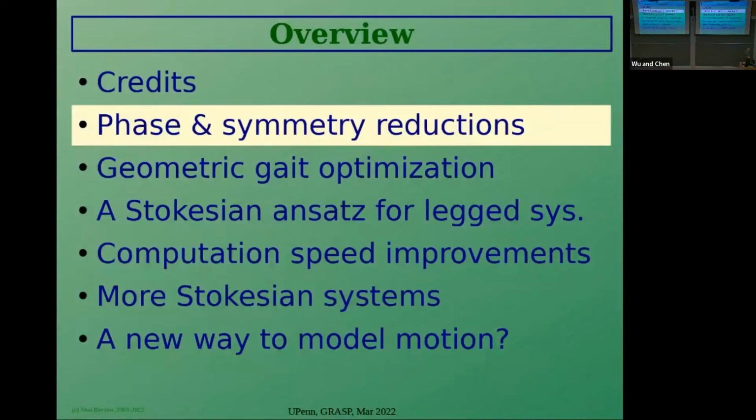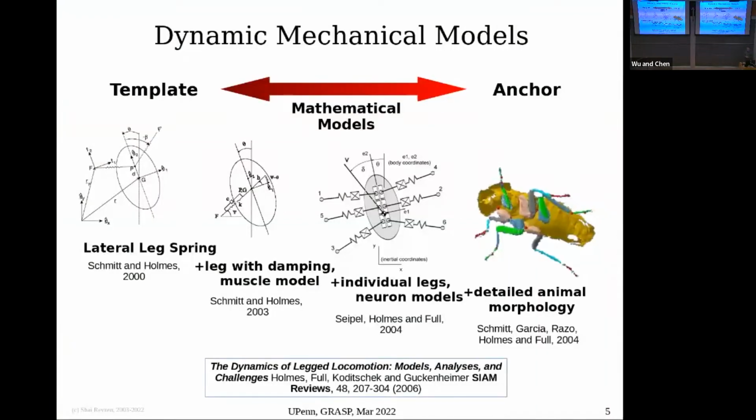Let me first talk about how we build models of locomotion systems. And here, there's this great idea that came by some people you know, their names are Dan Koditschek and Bob Full, of this idea of templates and anchors. So when we try and build models of animals, or robots, we can have very detailed models like the model on the right, which was literally made by slicing a cockroach and building a 3D model of that individual cockroach.